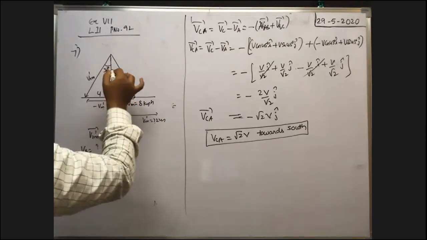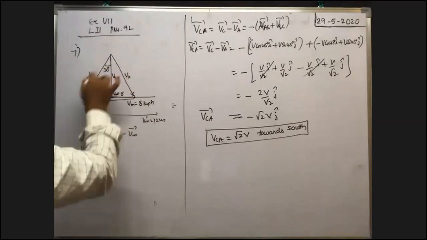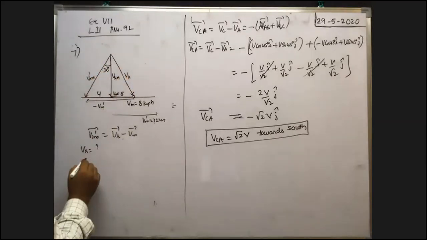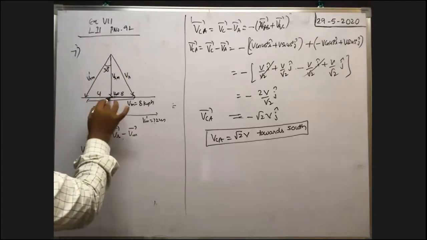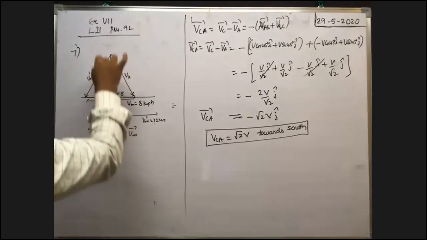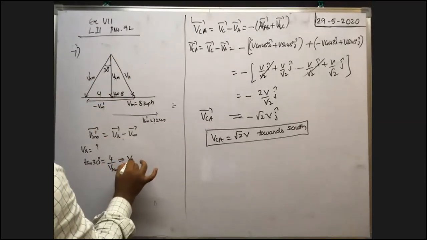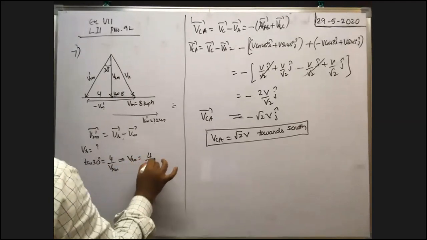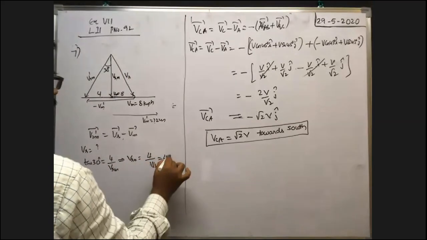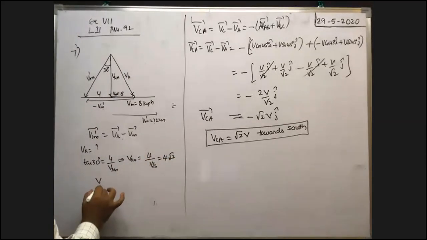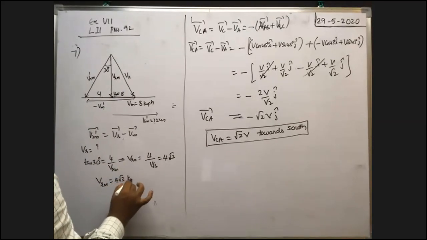When you know VRM, VR can be calculated. How can we find VRM? From this right angle triangle, you take tan theta, that means tan 30. Tan 30 is equal to opposite, which is 4, divided by adjacent, which is VRM. That implies VRM is equal to 4 by tan 30, which is 1 by root 3. That is equal to 4 into root 3. So the velocity of rain with respect to man is equal to 4 root 3 kilometer per hour.